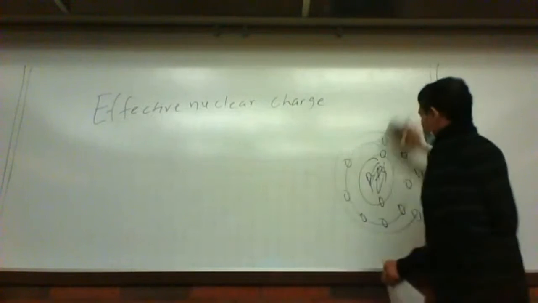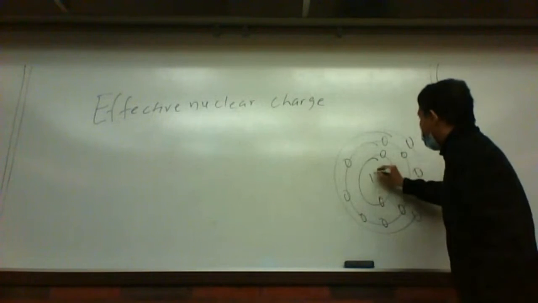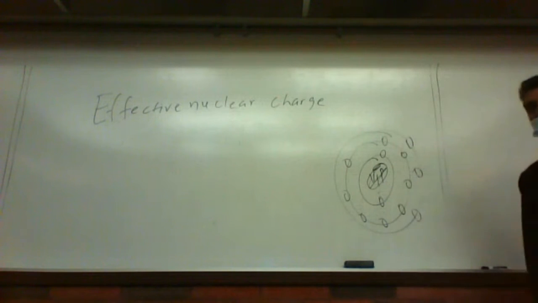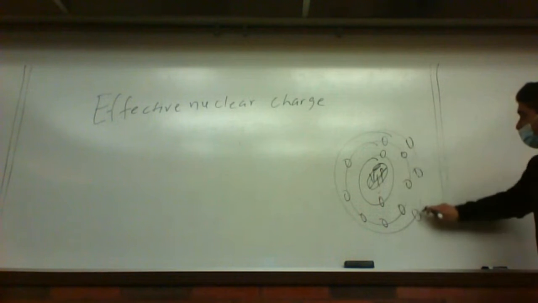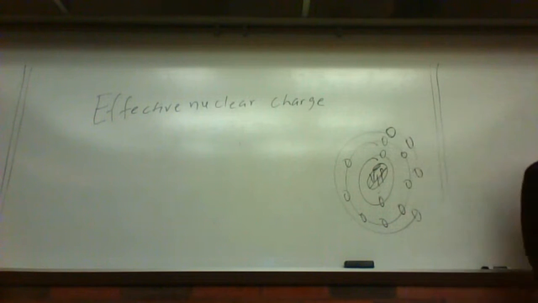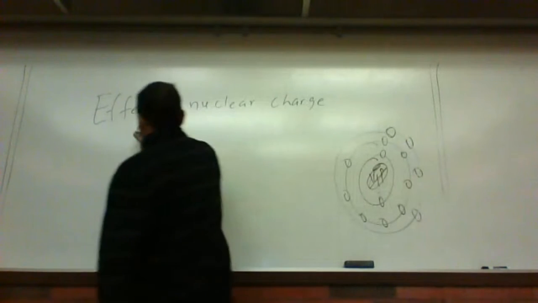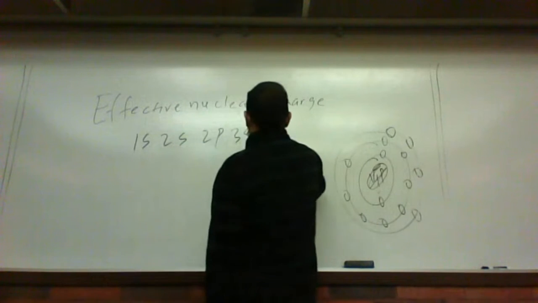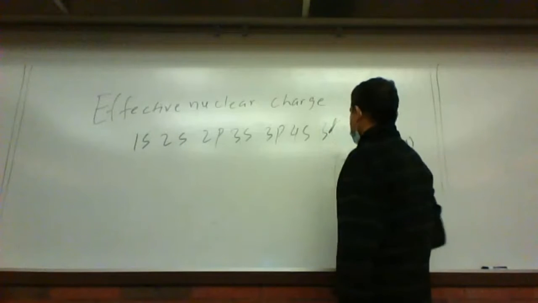Silicon is number 14 in the periodic table, so there are 14 protons in the center and 14 electrons. 2 here, 8 here, and 4 in the outer orbit. If you draw the electronic configuration, it looks like this: 1s, 2s, 2p, 3s, 3p, 4s, 3d, something like that.